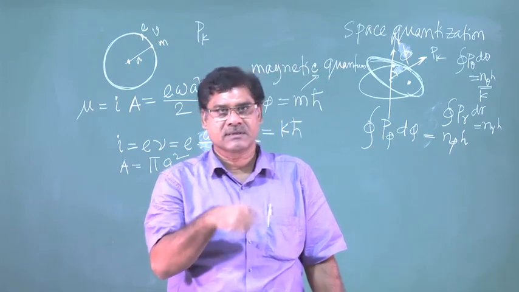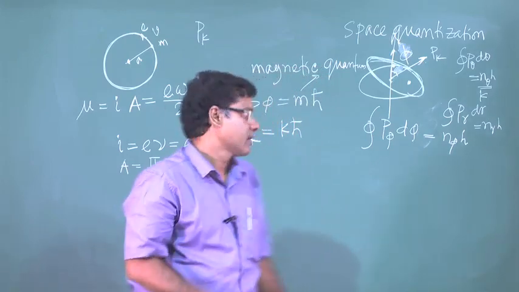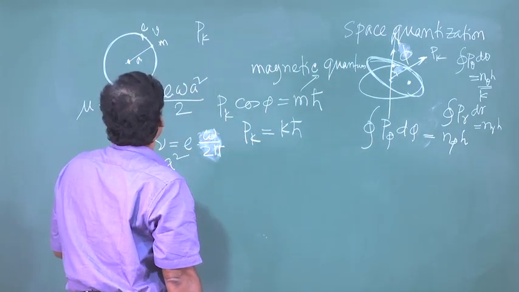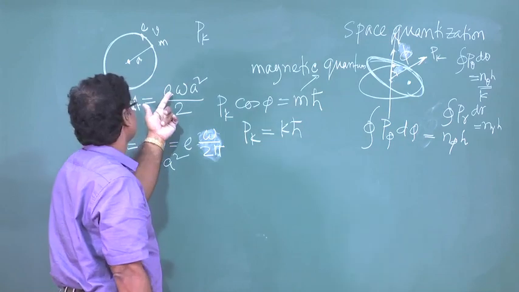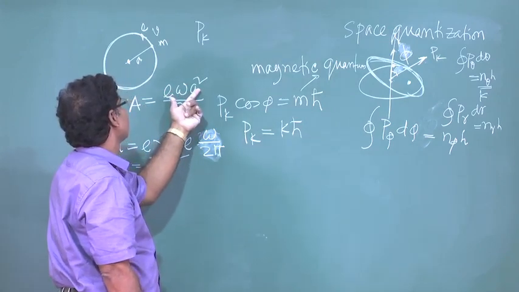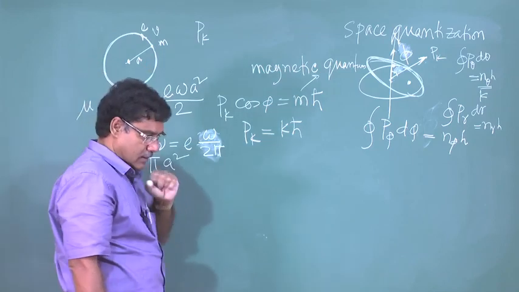Motion is rotating in an orbit. So, it depends on the electronic charge, its angular momentum, and this radius.